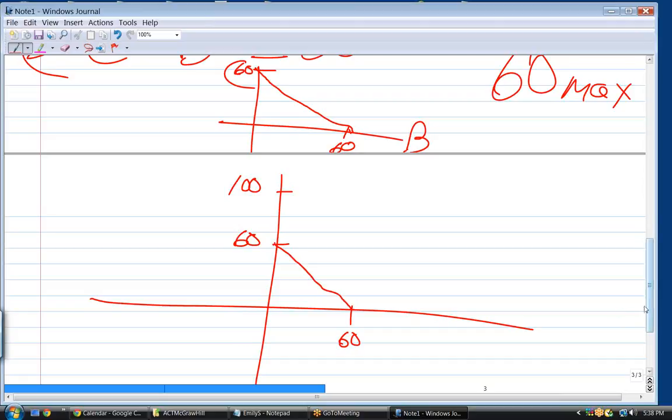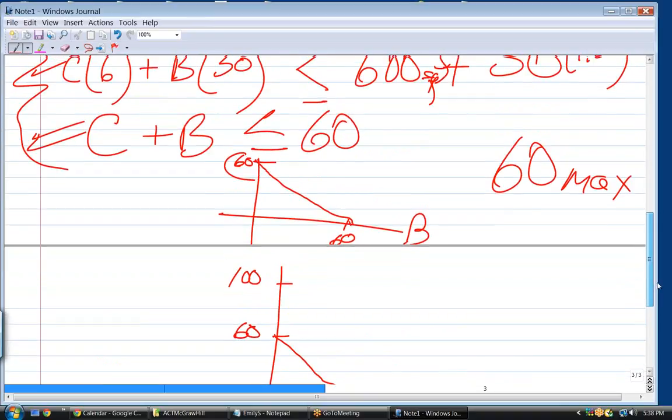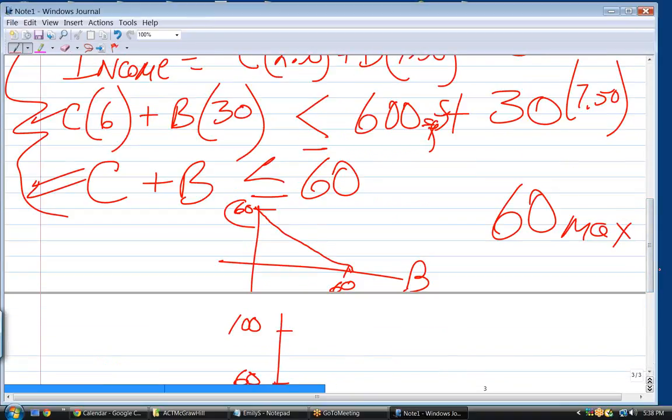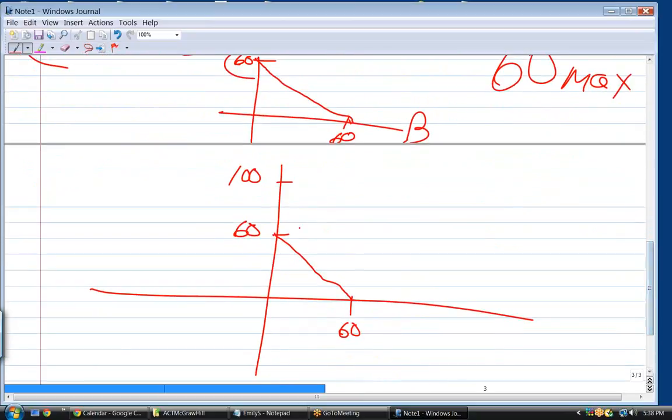And the other inequality is, let's see, when B is 0, C is 100. When C is 0, B is 20. So I got that point there, and I got that point there.